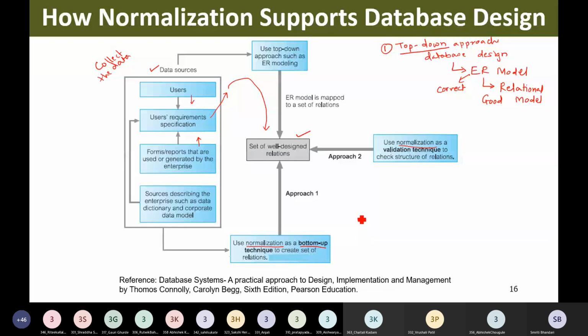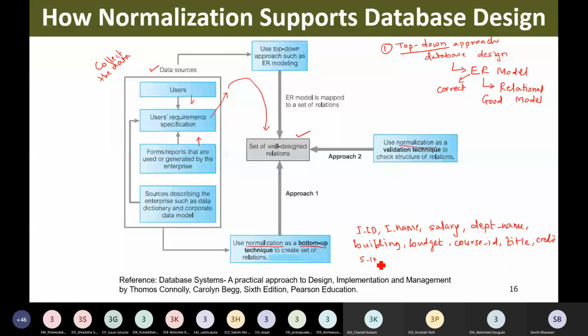Say, for example, if we are talking about the university schema, then we have the instructor ID, the instructor name, the salary of the instructor, the department name of the instructor, the building where the department is located, the budget of the department, course IDs, course titles, credits for the course, and which department is offering that course.